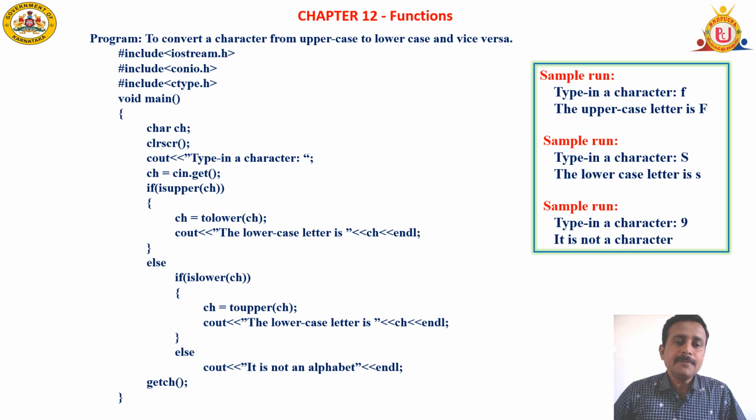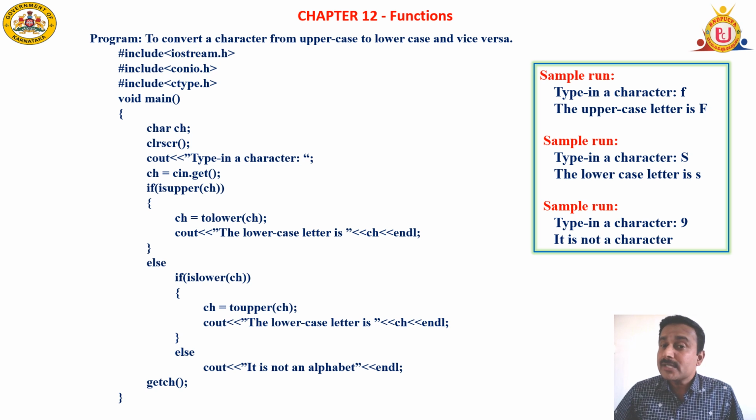So this program will give you an output like, if you give it in lowercase, it is going to print it in uppercase. If you give it in uppercase, it is going to give you a lowercase character. See, I have given 3 examples here. Type in a character, the user has to type any character or any input.